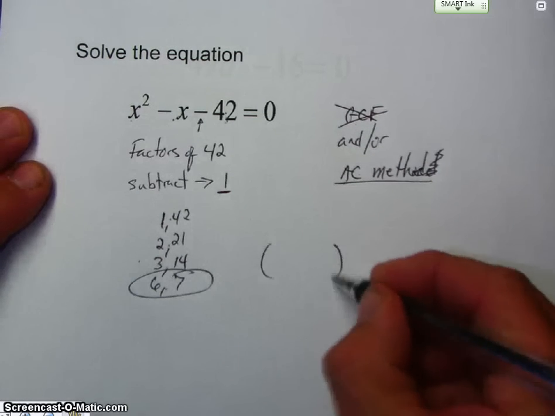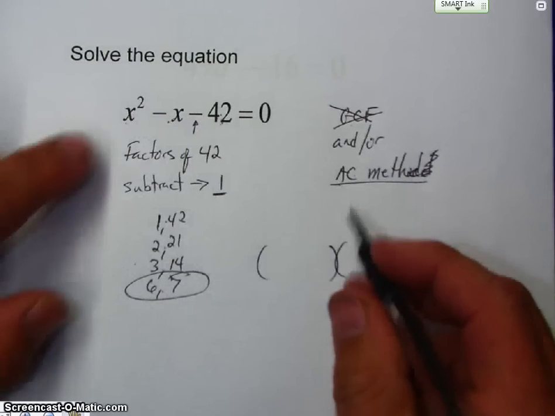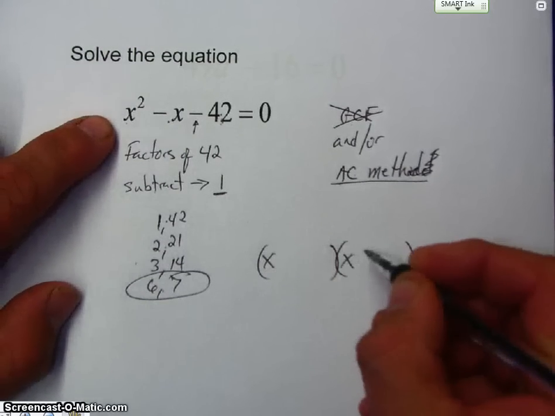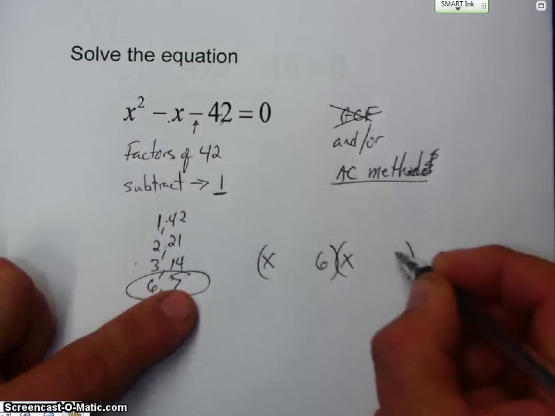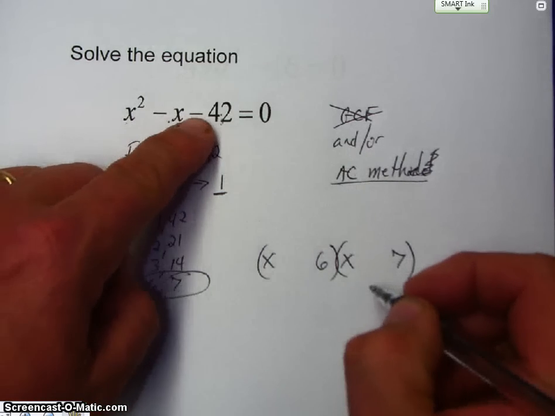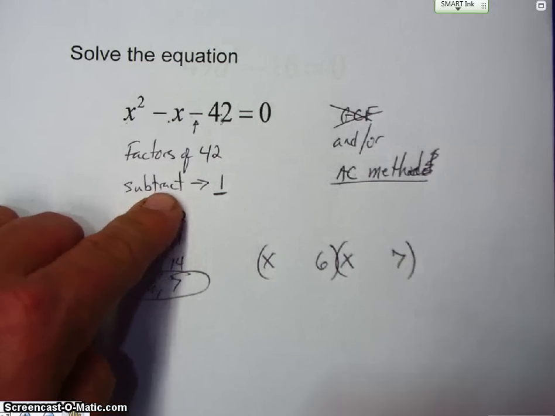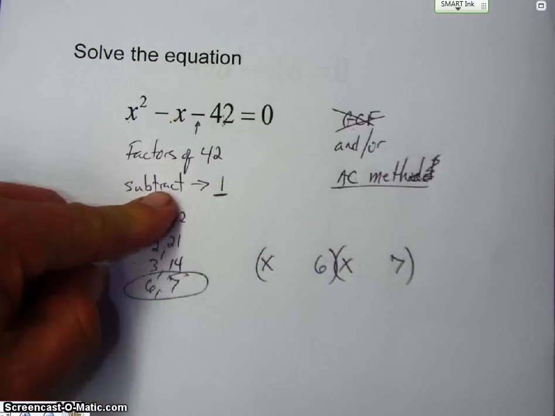So now I can go ahead and put my 2 sets of parentheses. Remember, it'll be just x and x. Make one 6, make the other one 7. Now we go back here and look at the sign. We know it's subtraction. Subtraction, by definition, means that one term has to be positive, one term has to be negative.